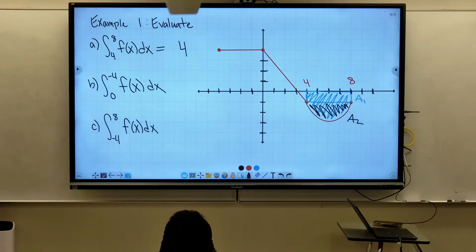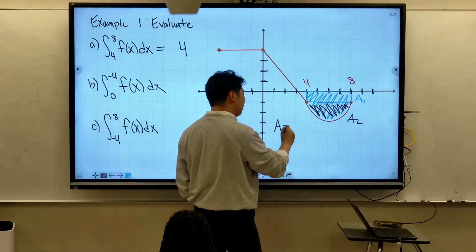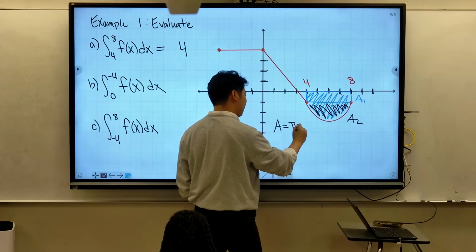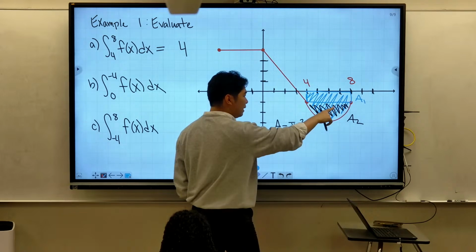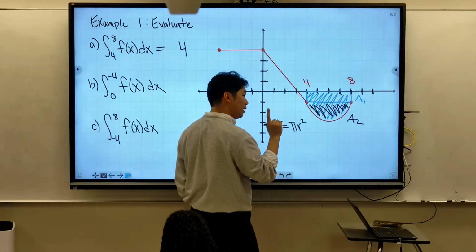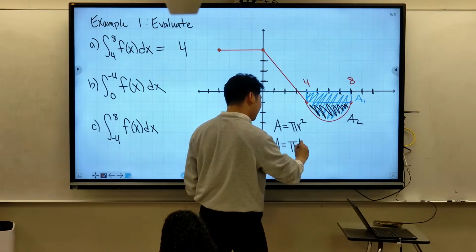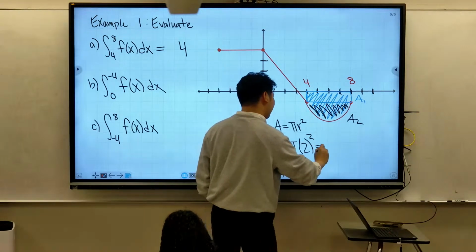What is the area of that half circle? Imagine it was a perfect half circle. I think that might have been pi. What's the area of a circle? Pi r squared. Yeah. So what's the radius for this one? 1? Oh, sorry, 2. So area is equal to pi times 2 squared, or 4 pi.